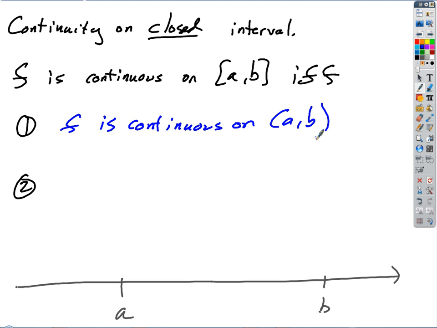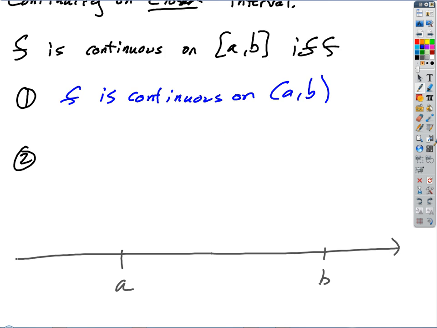But then what about the endpoints? Got to deal with the endpoints, right? Now, how are we going to do that? We can't really say a normal limit at the endpoints, can we?